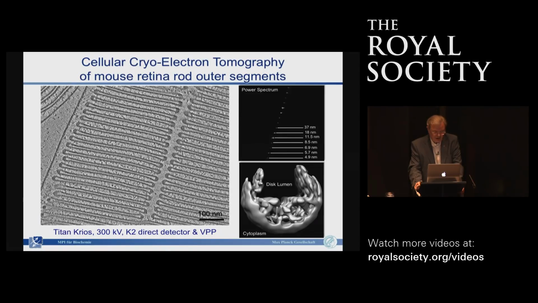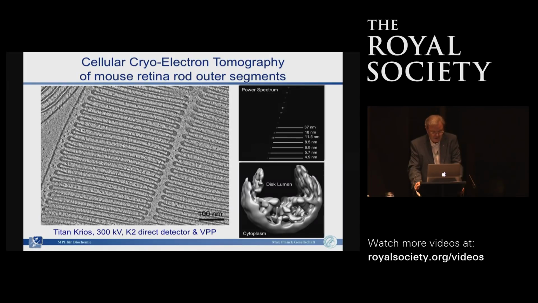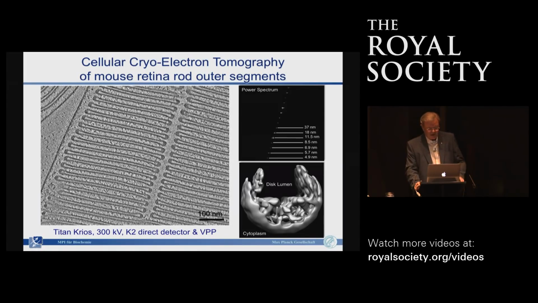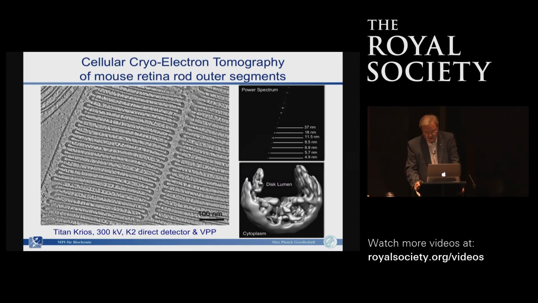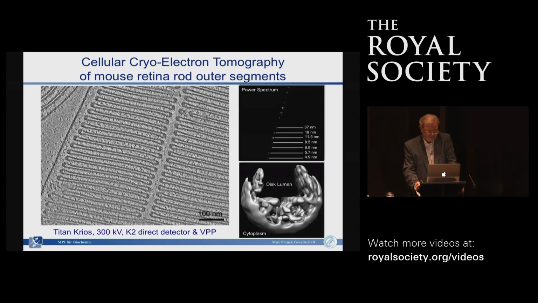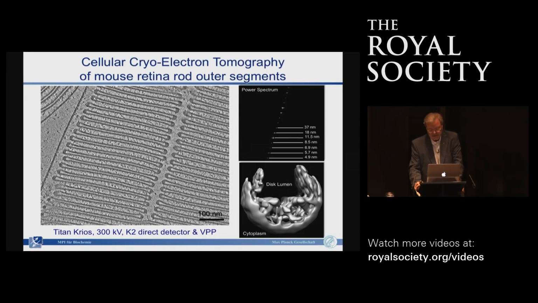There's a protein called peripherin that enforces that curvature, maintains that curvature. We see a lot of information, if you look very carefully, regarding the linkers, which determine the supramolecular organization of these structures here, which is remarkably well ordered.